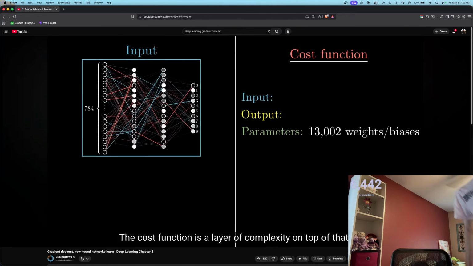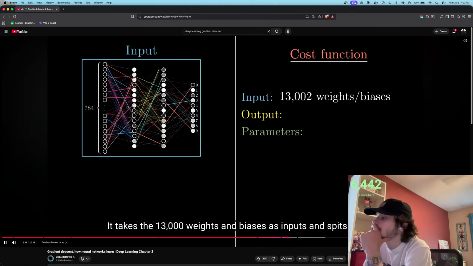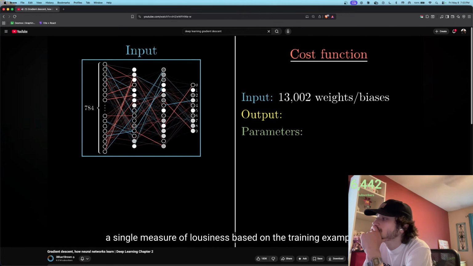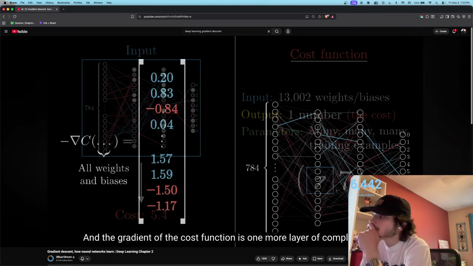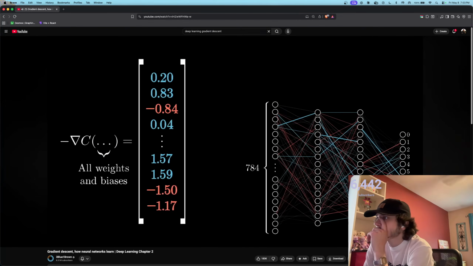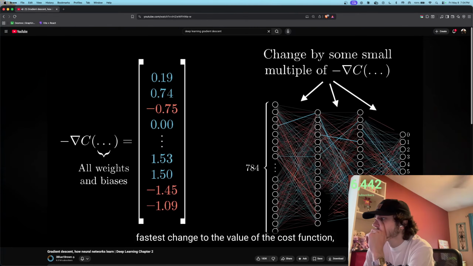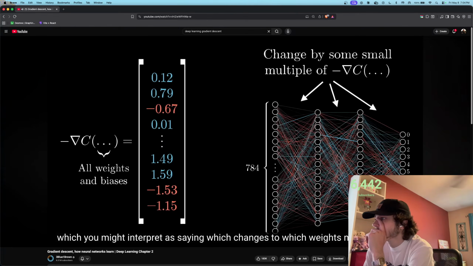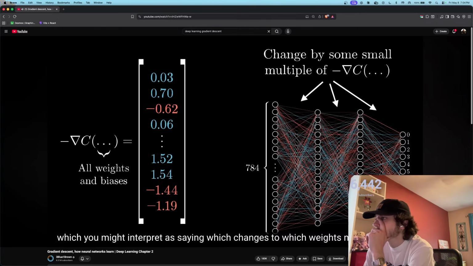It takes the 13,000 weights and biases as inputs and spits out a single measure of lousiness based on the training examples. And the gradient of the cost function is one more layer of complexity still. It tells us what nudges to all of these weights and biases cause the fastest change to the value of the cost function, which you might interpret as saying which changes to which weights matter the most.